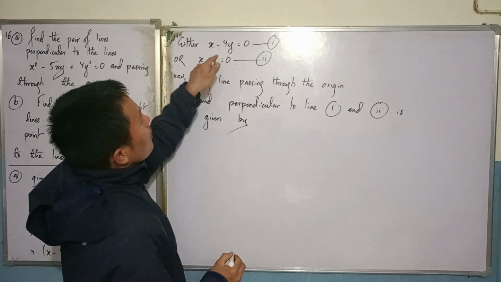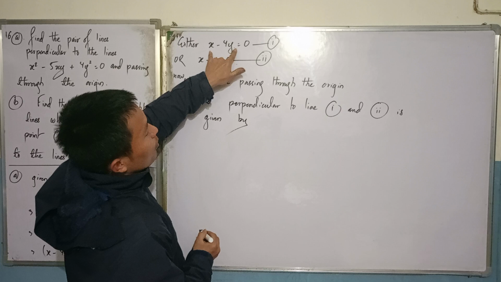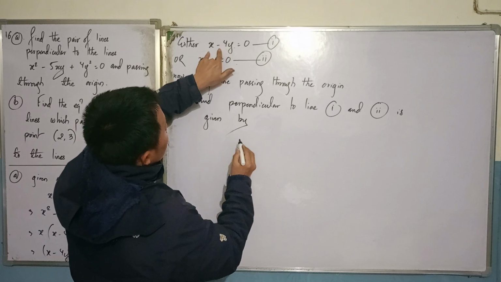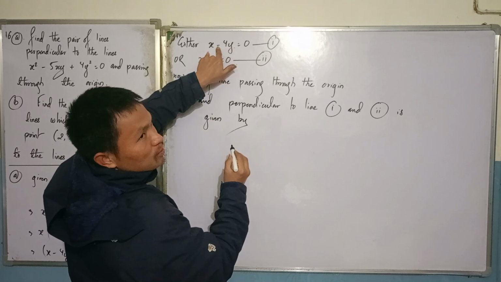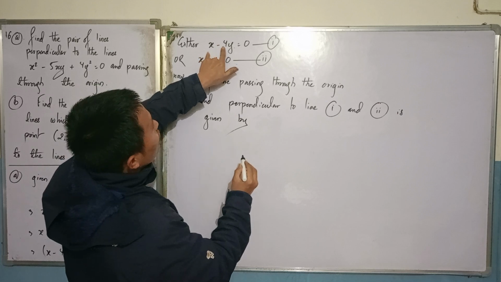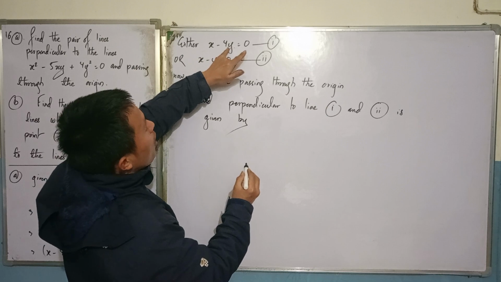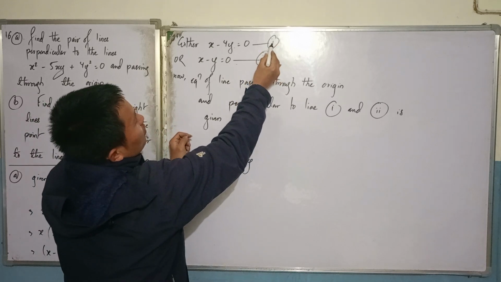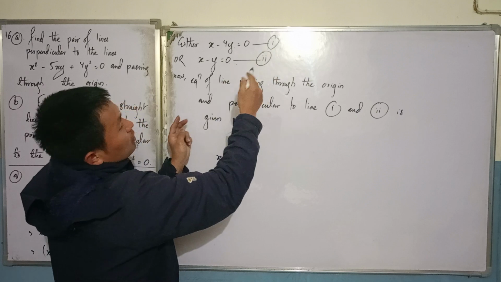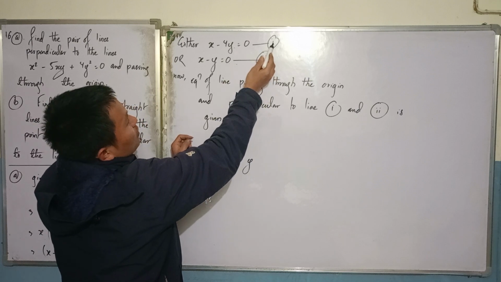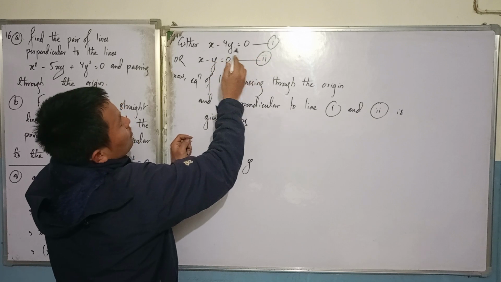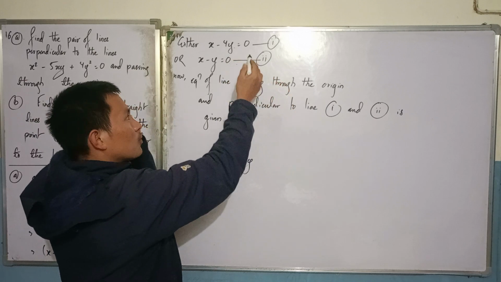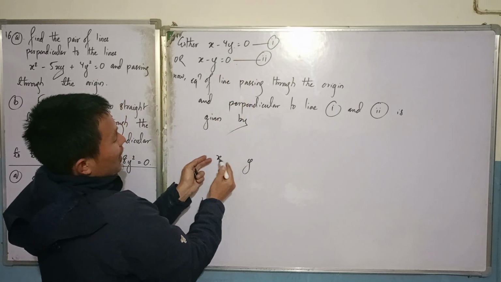Now you can see here, for the line perpendicular to this line I, change the sign of the middle and reverse the coefficients of x and y. How do you get the equation of the line perpendicular to I? Here I is x minus 4y is equal to 0. When you find the line perpendicular to this line, you just exchange the coefficients of x and y.